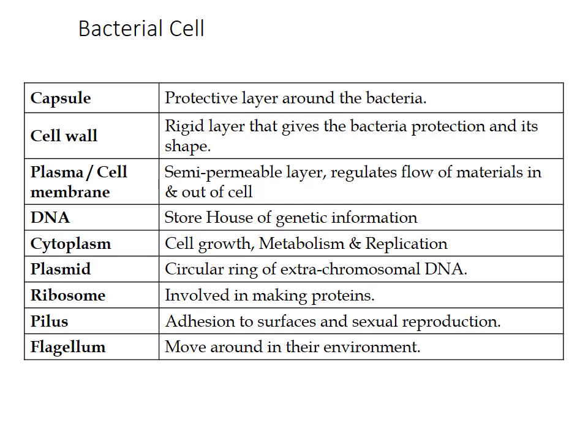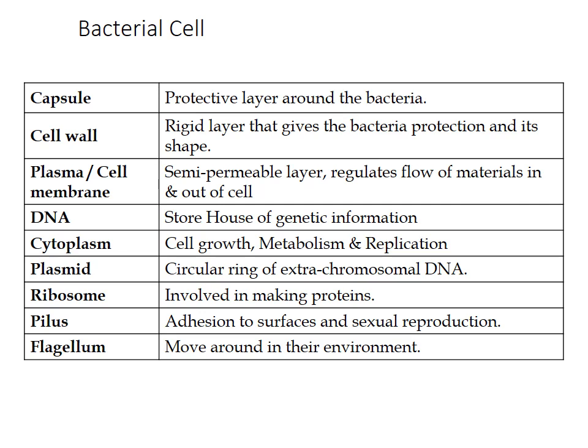Now we'll see the function of each layer. Capsules offer a protective layer around the bacteria. The cell wall is a rigid layer that gives the bacteria protection and its shape. The plasma membrane is a semi-permeable layer that regulates the flow of material in and out of the cell.